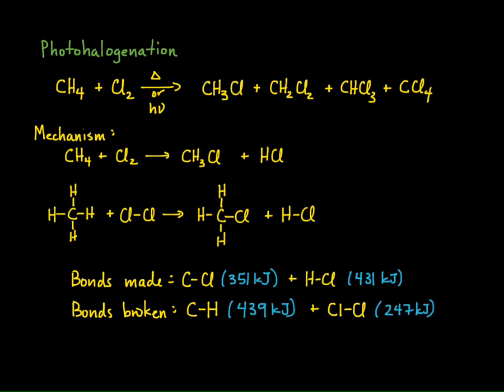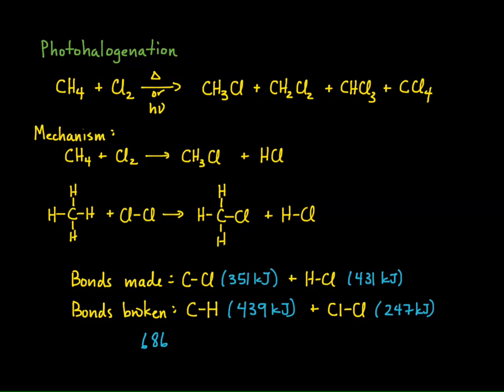And so the delta H of this entire reaction simply is the bonds broken minus the bonds made, right? Because we have to add energy to break the bonds and then energy is released to form the bonds. So if we simply take the bonds broken, add them together, we get 686 kilojoules of energy.